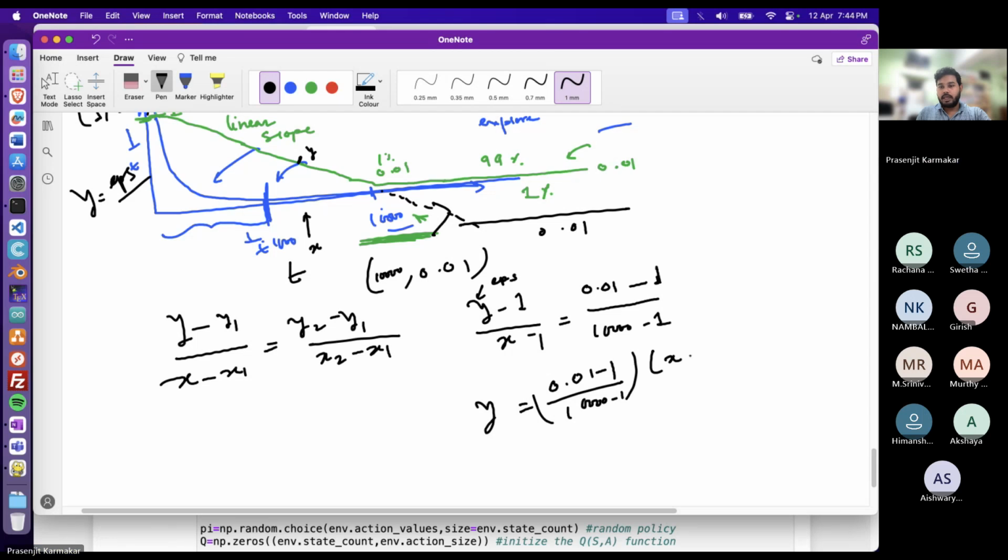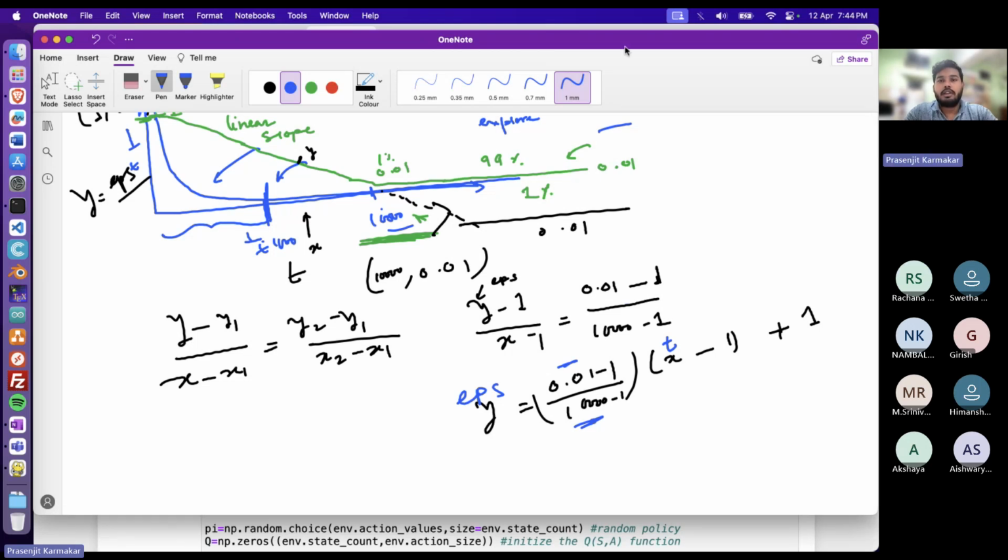So (x minus 1) and then again a plus 1 from this side to this side. This is my entire equation. Now if I just replace y with epsilon, so y is actually epsilon and x is basically t, right? And this is current, this is steady state and this is steady epsilon. So basically you write the equation according to this to get the current epsilon value.